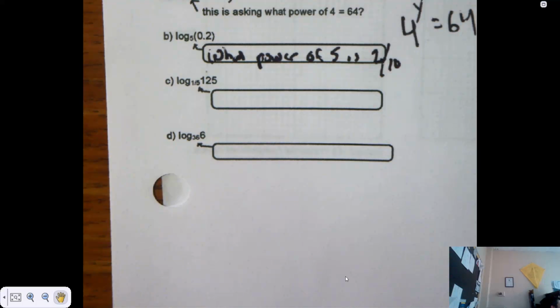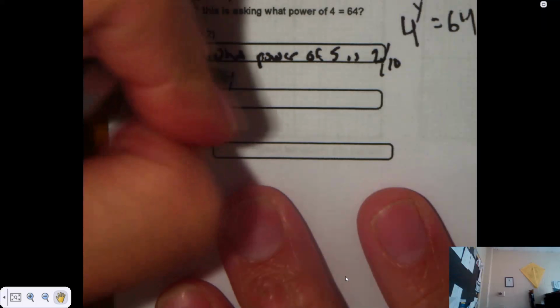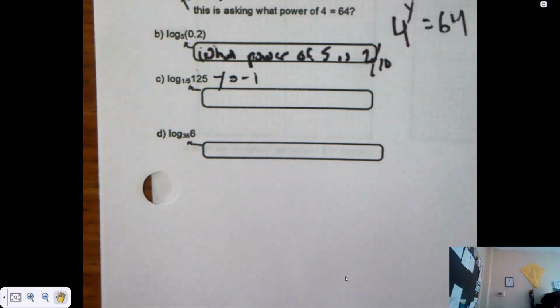Anybody know that? That's correct. Y is -1. Who said that? Good job, Sean.